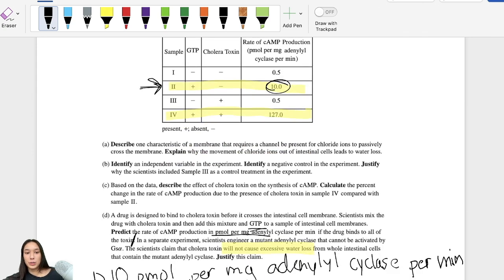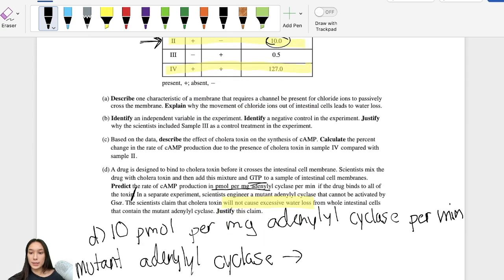So no cAMP for this one, because the enzyme that makes cAMP is not working. Their final hypothesis has to do with excessive water loss and the ability for water to be lost. So we need to go further down in the pathway. What effect does having no cAMP do? Because right now we don't know anything about how much water is leaving or not leaving. So what happens when we have no cyclic AMP?